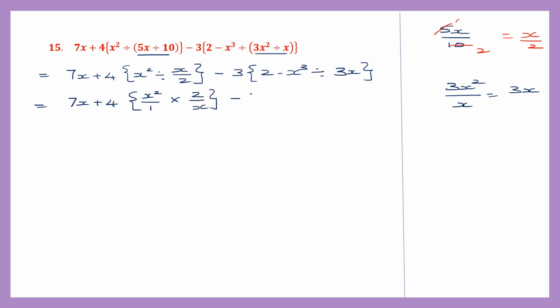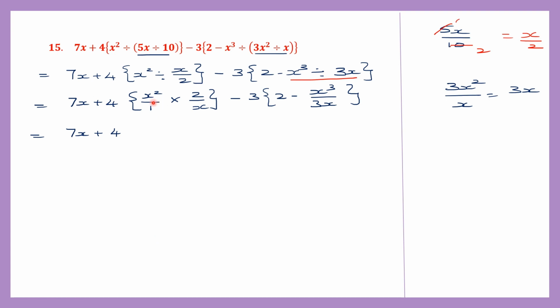Now on the other side we have 3 here and then 2 minus, now this portion. Now inside this we have subtraction and division, isn't it? Subtraction and division. So division should be done first. That means this part has to be done first. And that part is x cube divided by 3x. Now let's continue. 7x plus 4. Now let's work out what is inside this.